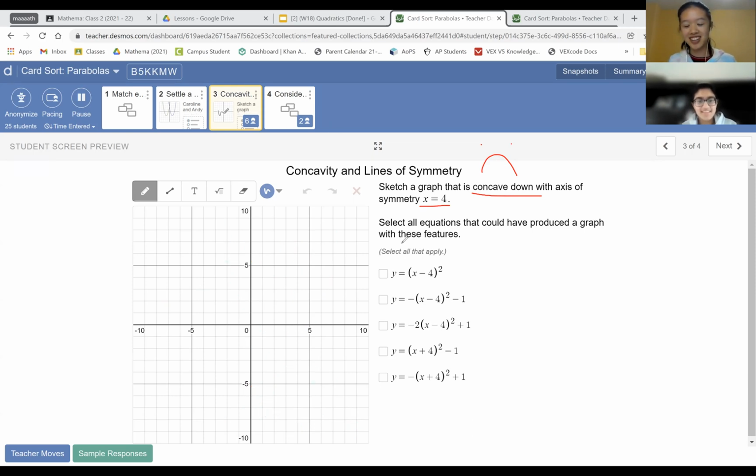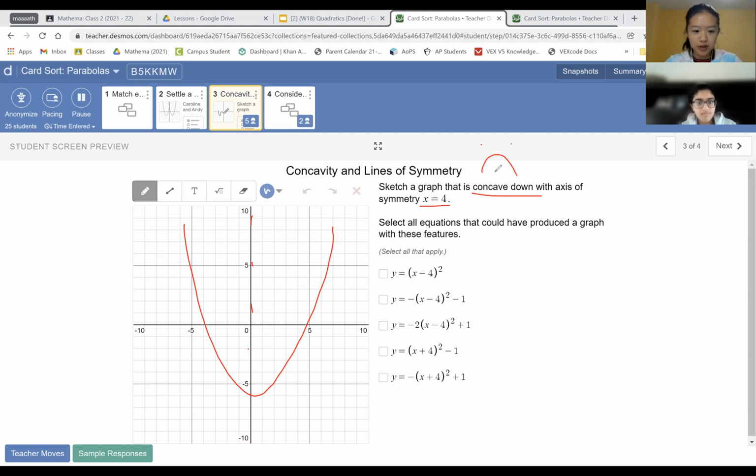Anyway, so we want a graph that is concave down, meaning it's a frowny face, and it has an axis of symmetry at x equals 4. The axis of symmetry is literally the line where the graph is symmetrical around. If you reflected it across this line, it should look the same.